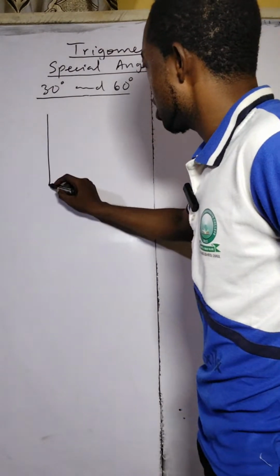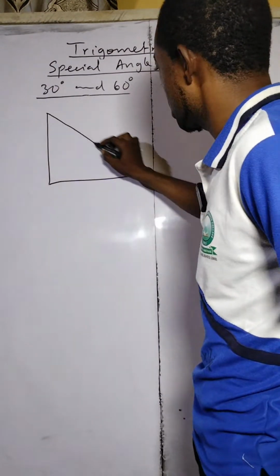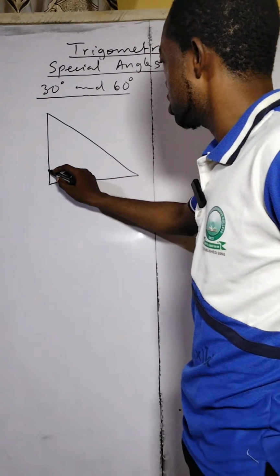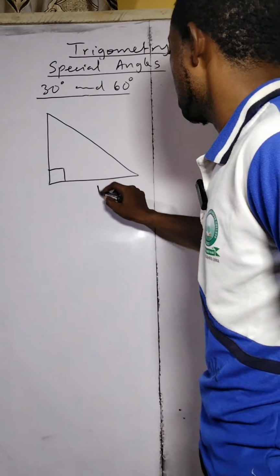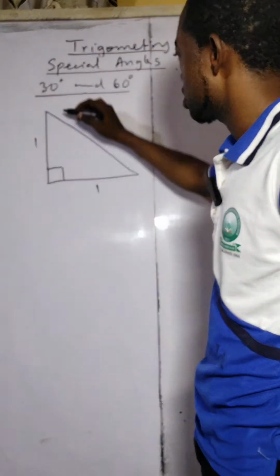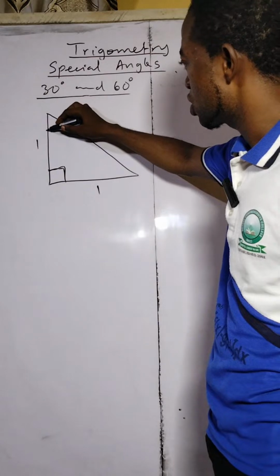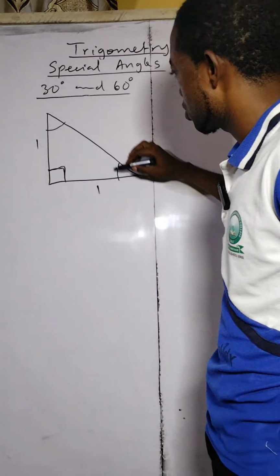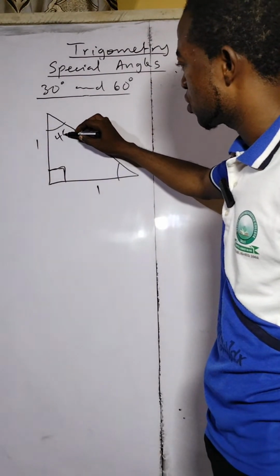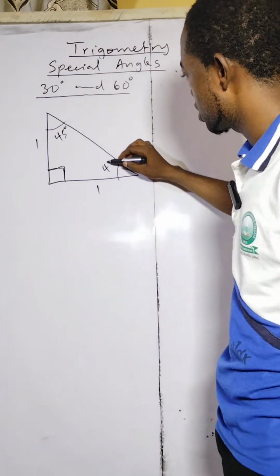This is the right angle, and these sides that are equal are 1 unit. Of course, if this is a right angle and an isosceles triangle, the base angles will be equal, 45 degrees, 45 degrees.